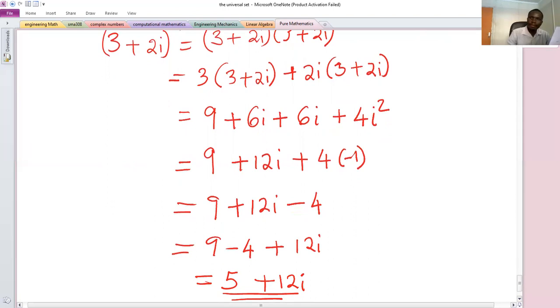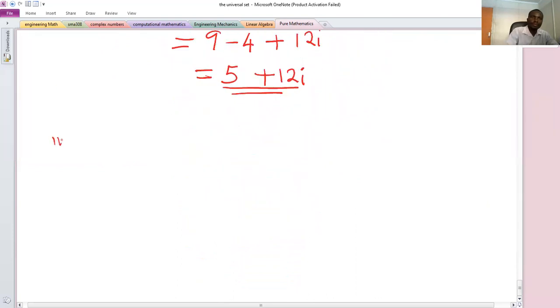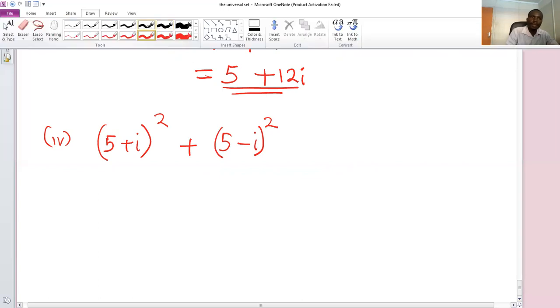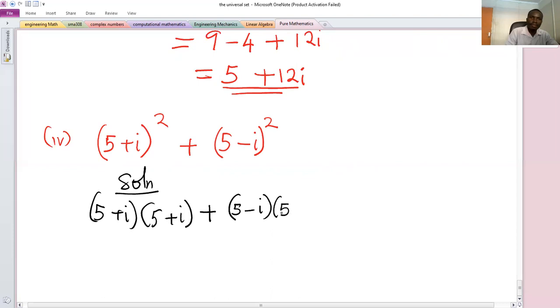And lastly, Roman 4 of question 5, we have 5 plus i squared plus 5 minus i squared. So to solve this, we have 5 plus i times 5 plus i, and then plus 5 minus i times 5 minus i.